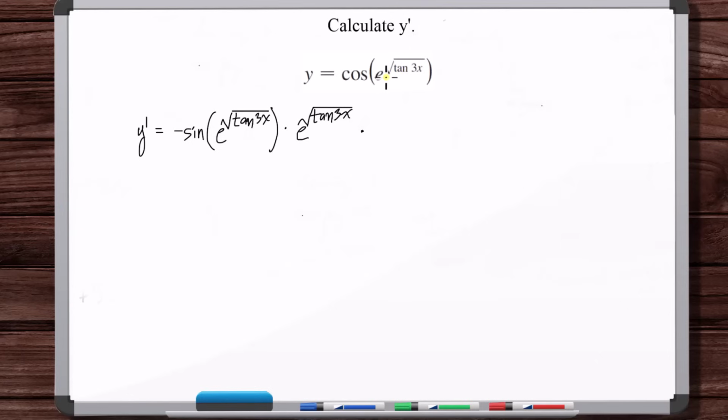What is the derivative of the square root of something? 1 over 2 root of that something times the derivative of that something. What is the derivative of tangent of something? It's secant squared of that something times the derivative of that something. What is the derivative of 3x? Okay, so let's just clean this up.